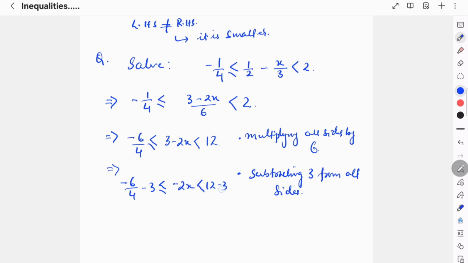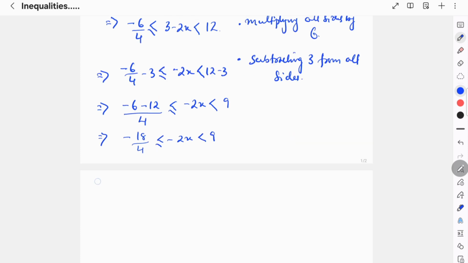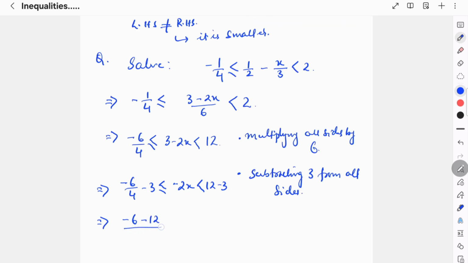It will be minus 6 by 4 minus 3 and the middle part becomes negative 2x, and the right hand side we have 12 minus 3. So now the left hand side LCM is 4. So it becomes minus 6 minus 12 by 4, that is minus 18 by 4 which is less than or equal to minus 2x, and on the right hand side we get 9.